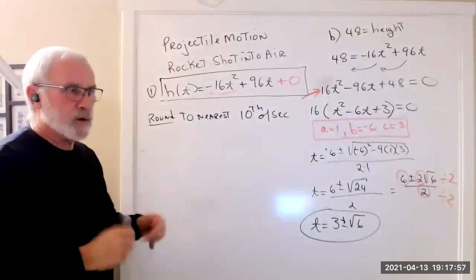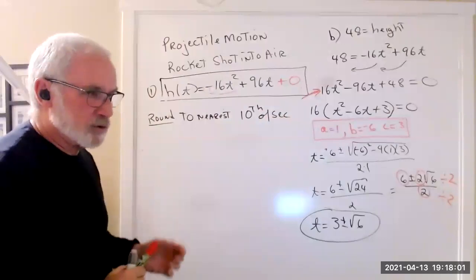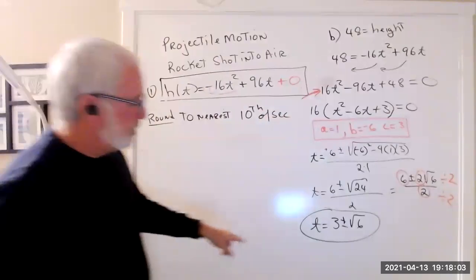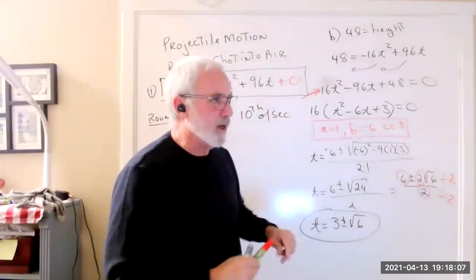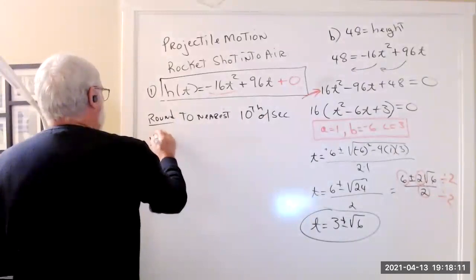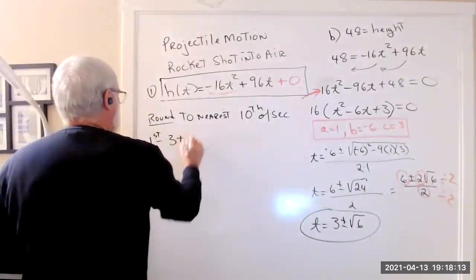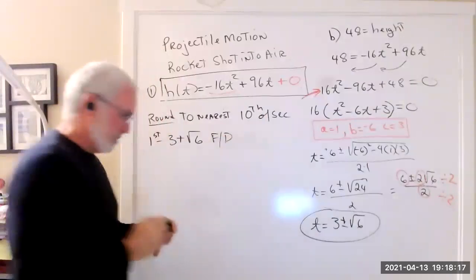Those directions right there are a clue that it's time to whip out your calculator, and you're going to be doing things like 3 plus the square root of 6 on your calculator. Now, some of your calculators, you can input that and then hit the FD key.